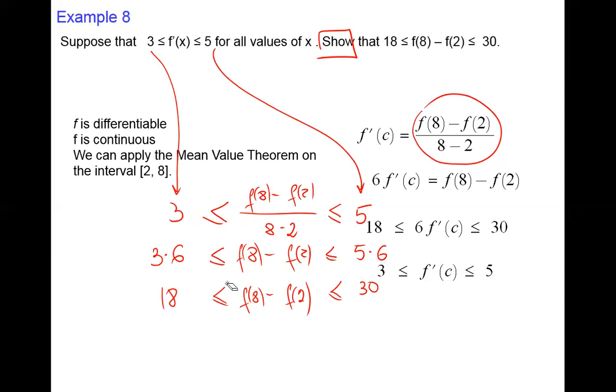I was typing this way solution, but I believe this one is more appropriate, more relevant, because I did show that f of 8 minus f of 2 is between 18 and 30, just with the 3 steps. This one I'm showing that f prime at c is between 3 and 5, which was actually given, but it's also the same idea.